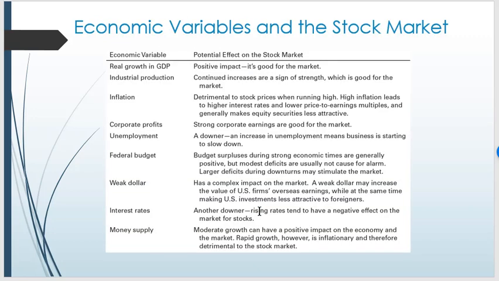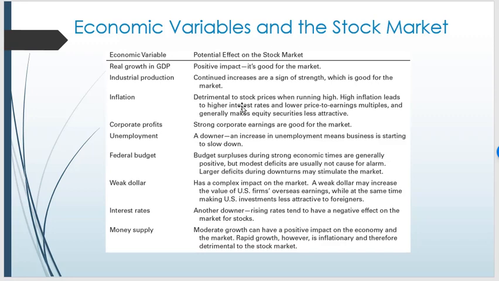So there are a variety of variables that we can look at, and you can read through these. But if you think about real gross domestic product, it has a positive impact. If this number is growing, it implies that the market is growing. Inflation is detrimental to stock prices.